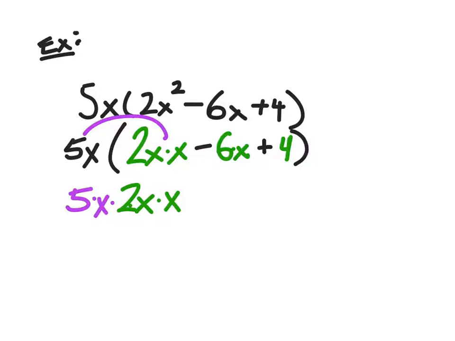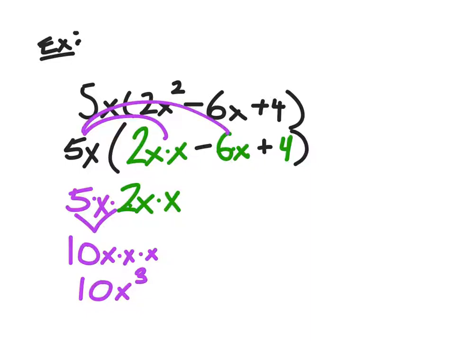To simplify this, I'm going to multiply the two numbers, which is really just the commutative property of multiplication. 5 times 2 is 10. And then I've got x times x times x. Well, if I simplified that, I would show it as x to the power of 3. And then that term by itself would have been simplified with that distribution.